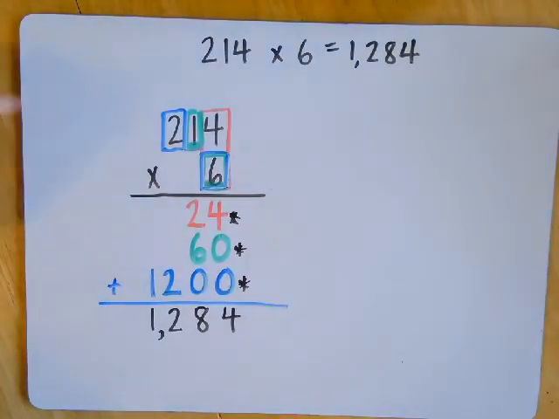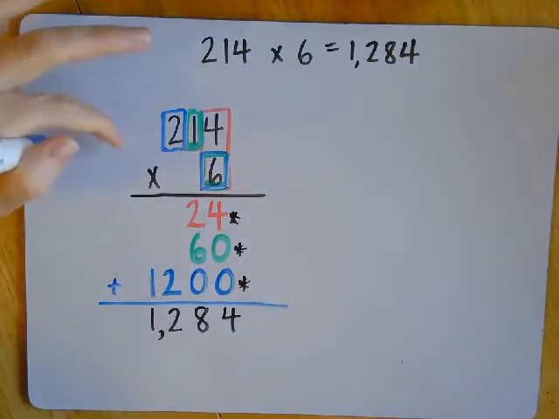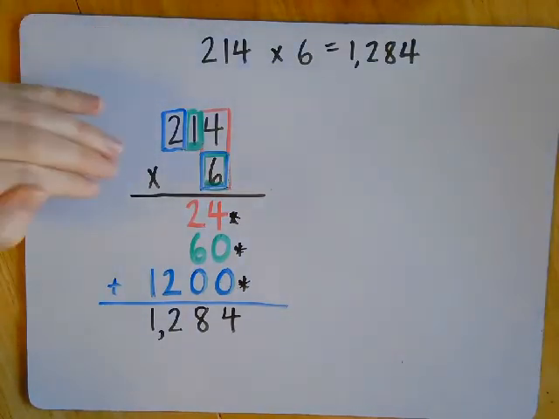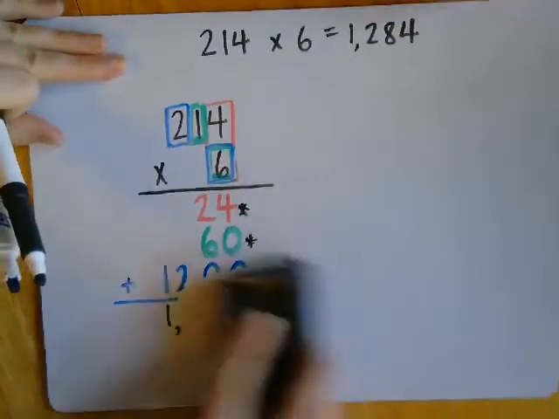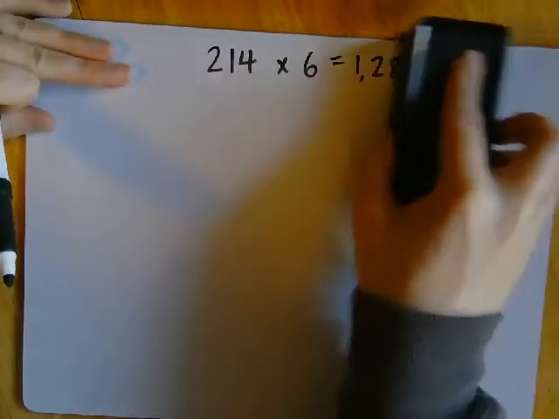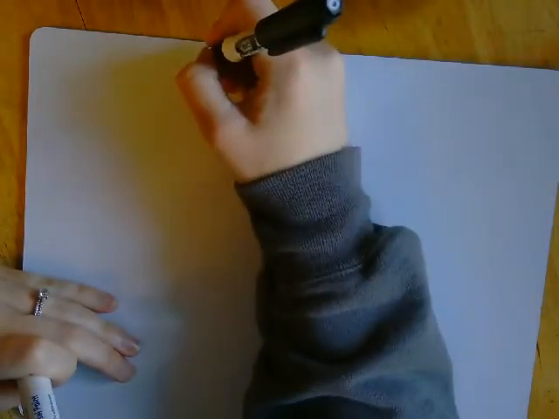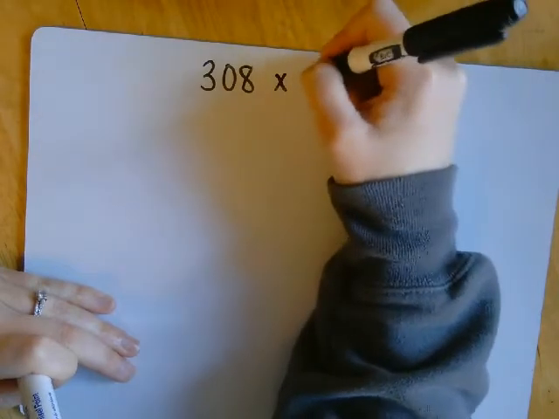Again, I will show that again using a different problem, and then we are going to go into the standard algorithm. Erase that. Okay, let's look at 308 times 4.